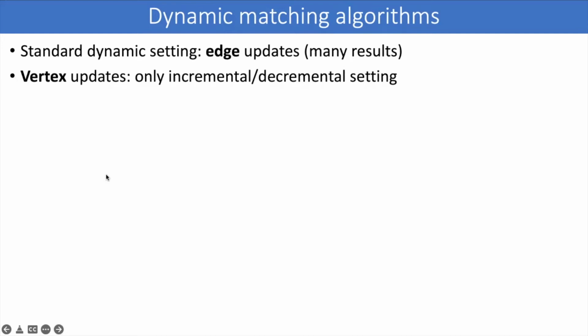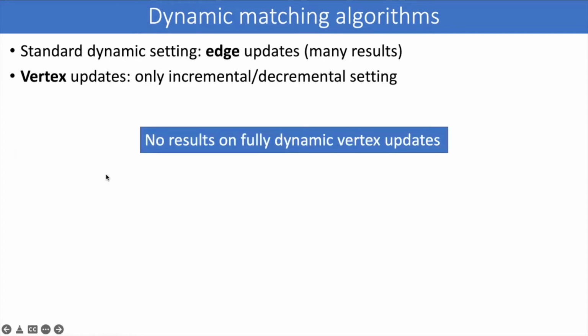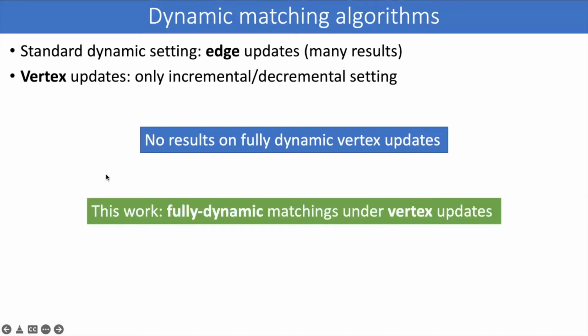In addition, the algorithms work either in the incremental setting, where we have vertex insertions, or the decremental setting, where the vertices leave the graph. There are only a few results in the context of vertex updates, and none of them is for fully dynamic graphs, where we have both insertions and deletions intertwined. This work initiates the study of fully dynamic matching algorithms under vertex updates.